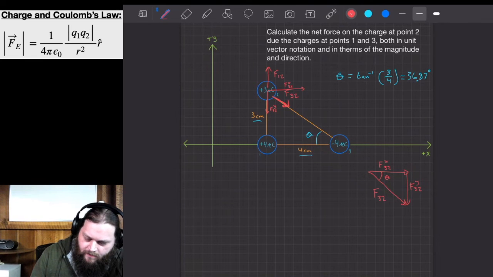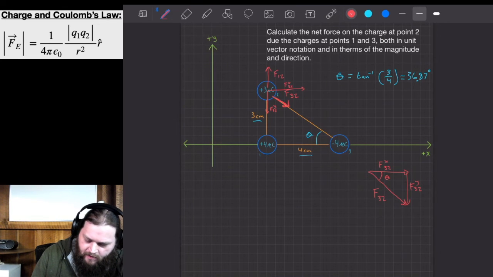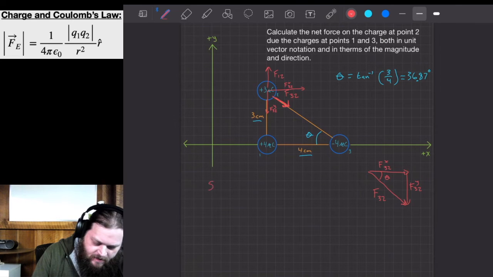So to find out that force, we have theta now and we have the magnitude of it. So sine, let's say the force in the Y is going to equal the magnitude times sine of theta. So it'll be force 3 to 2 in the Y sine of theta.